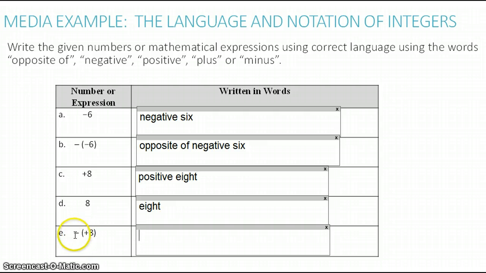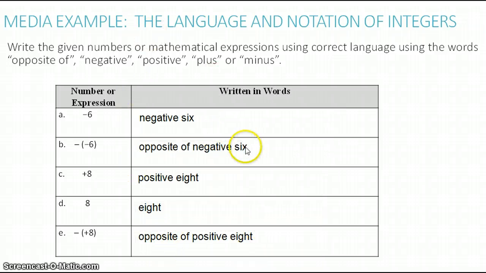So if we say the opposite of +8, we now have an understanding of what that means. We would reflect +8 about the reflection line at 0. So we will say the opposite of +8. So those are our results.